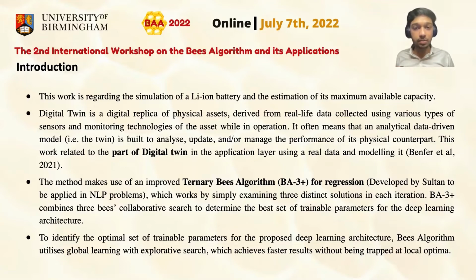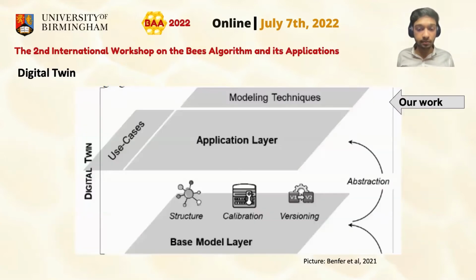BA3+ combines three Bayes collaborative searches to determine the best set of trainable parameters for the deep learning architecture. To identify the optimal set of trainable parameters for the proposed deep learning architecture, the Bayes algorithm utilizes global learning with explorative search, which achieves faster results without being trapped at local optima.